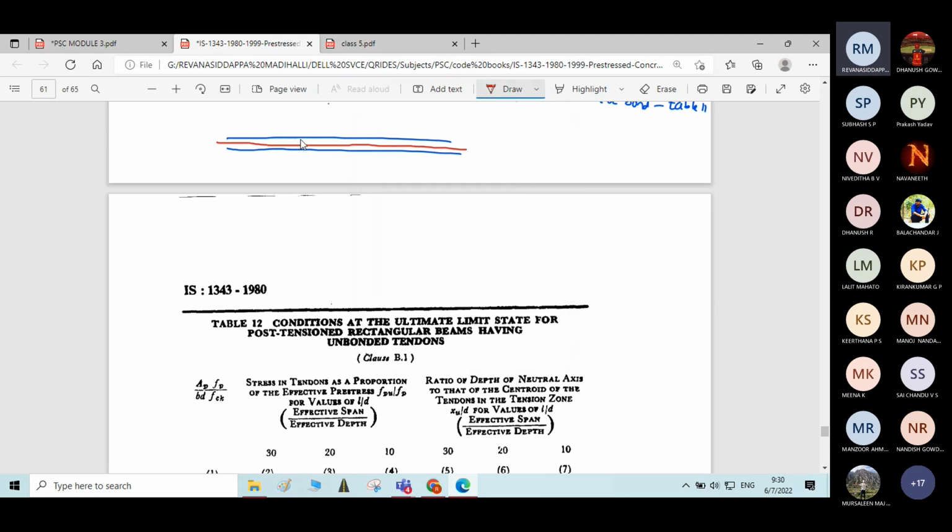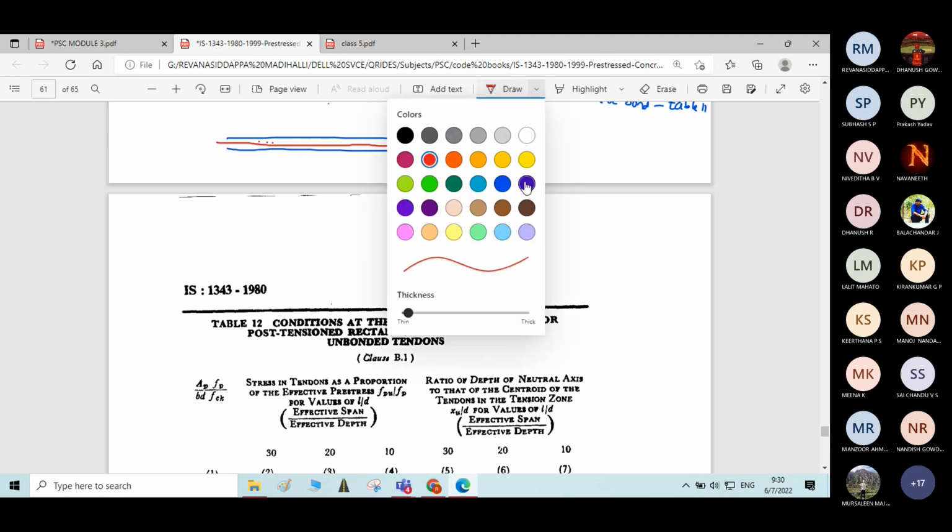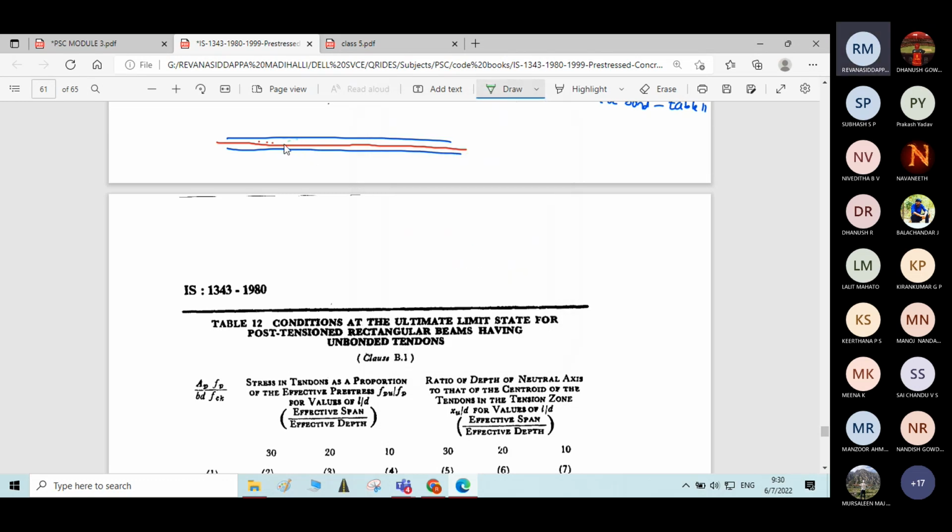If this pre-stressing steel is covered by cement mortar, if it is grouted, whatever the space which is left out in the duct is filled with this cement mortar, then it is called a post-tensioned beam with effective bond.